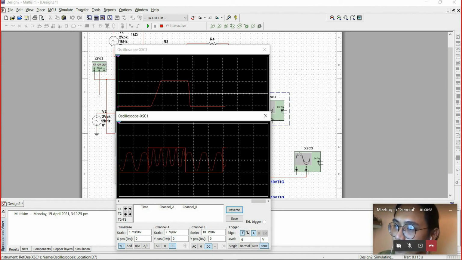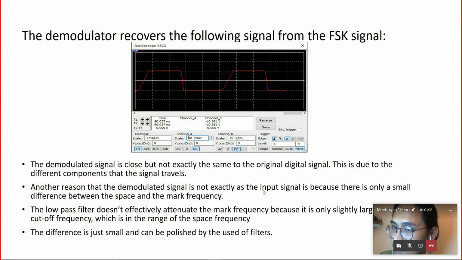This is caused by the mark frequency and space frequency not being that far away from each other. So the low pass filter will not effectively attenuate the high frequency, the mark frequency.